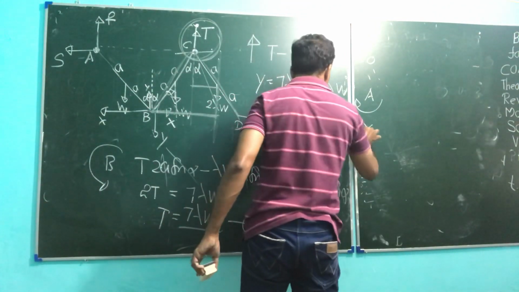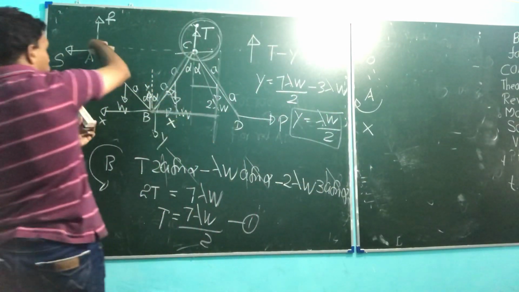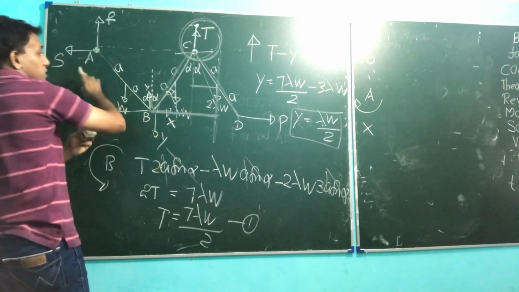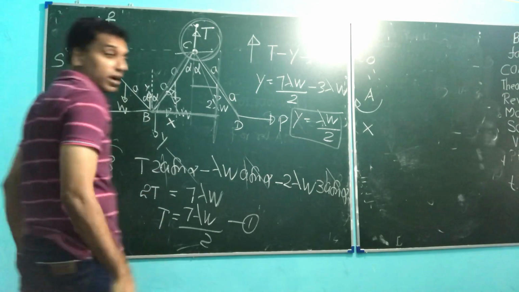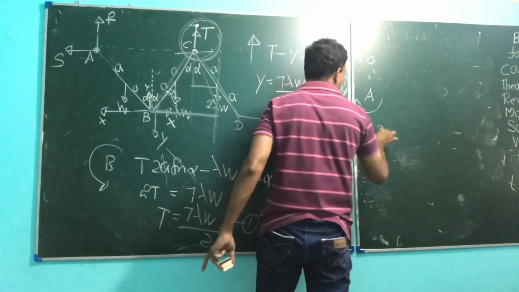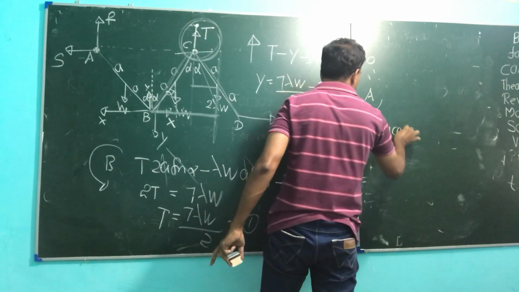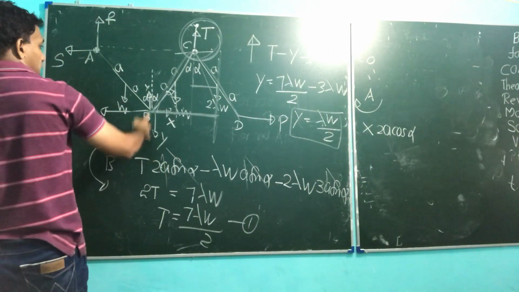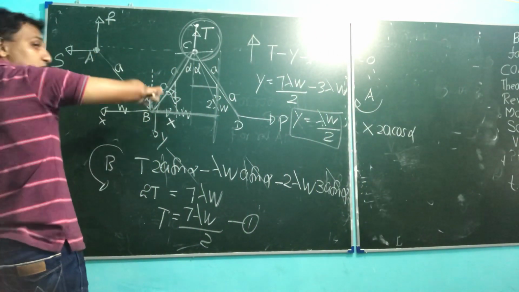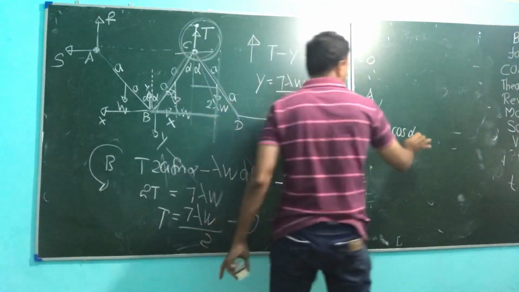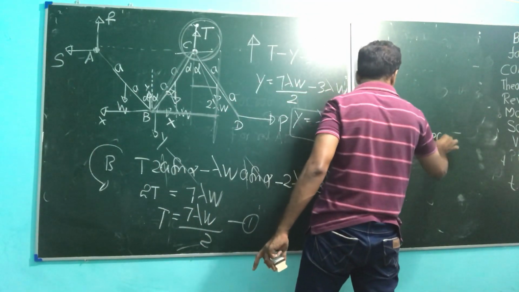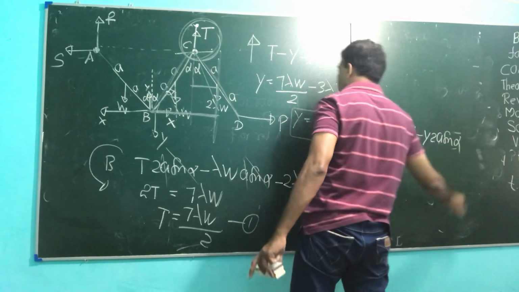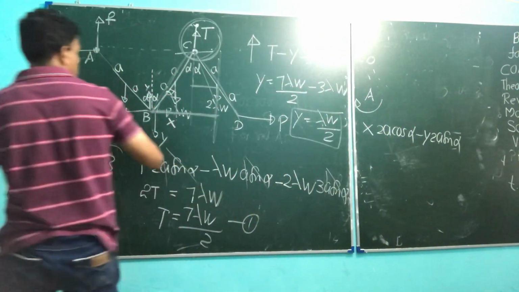X into 2a cos alpha. I put Y is up, minus Y into 2a sin alpha.